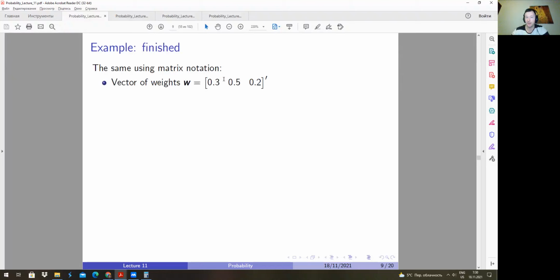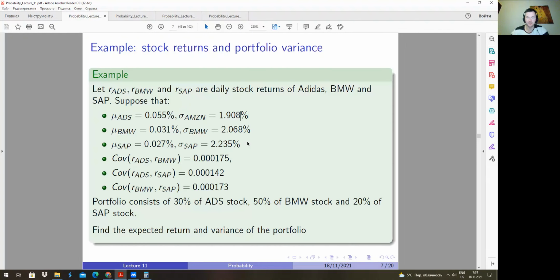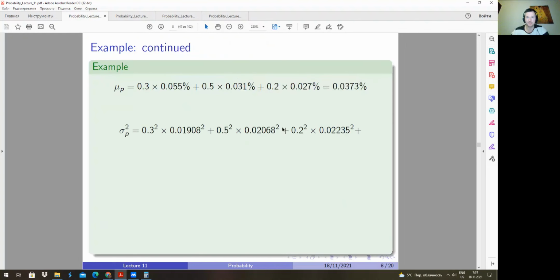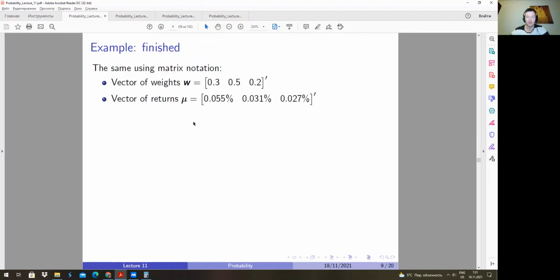Look, if we define the vector of weights as 0.3, 0.5, 0.2, those are our investments into the stocks. And this means that we are talking about the column vector, right? I just write it like this to save space, not to put a column on the slide. So define the vector of returns here.